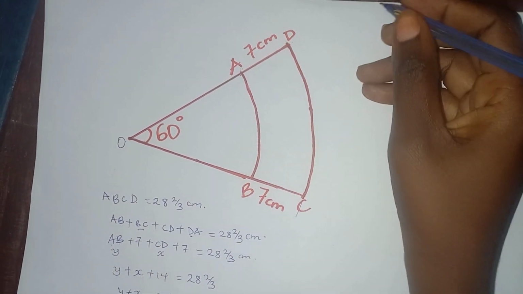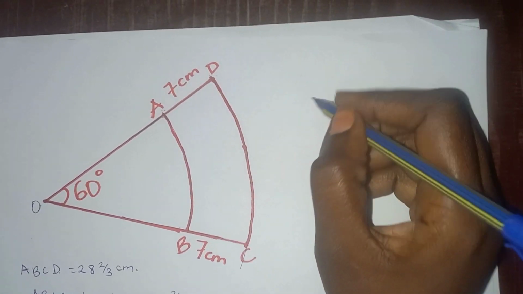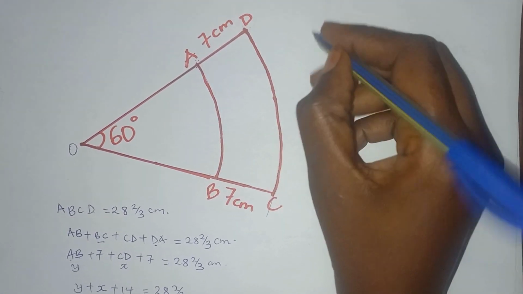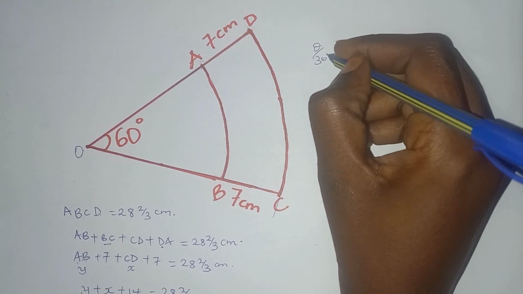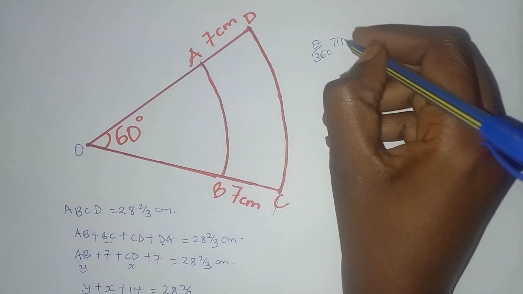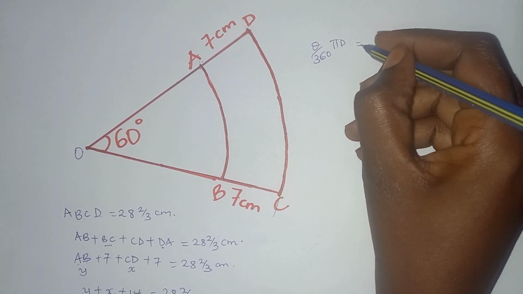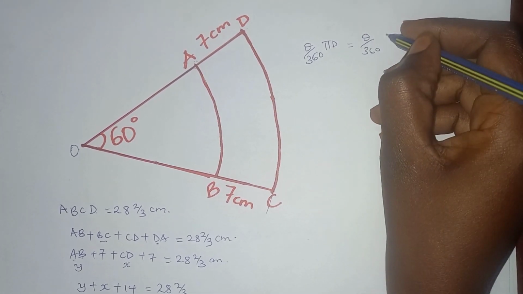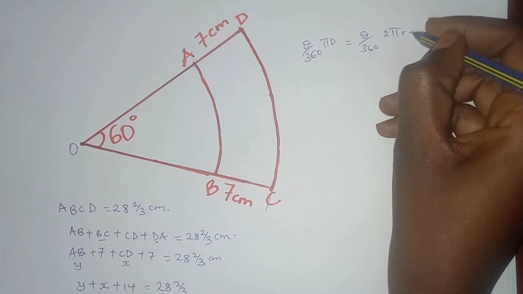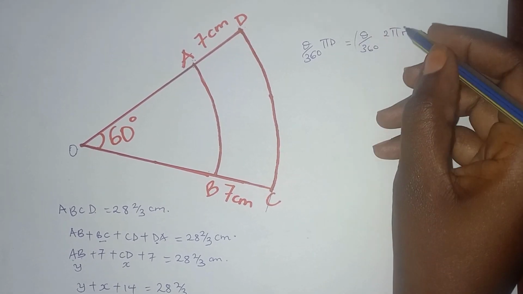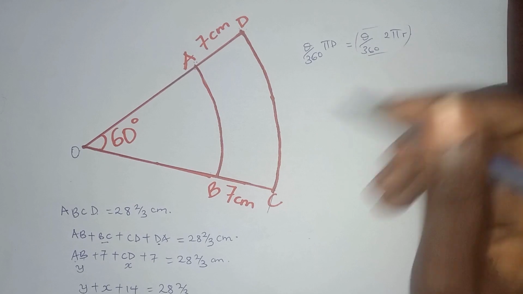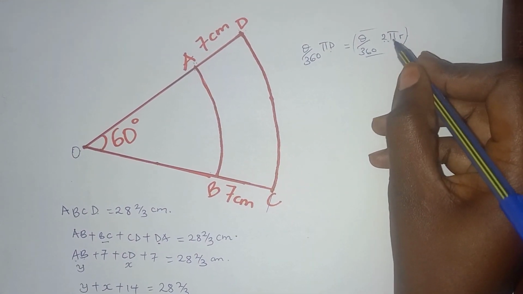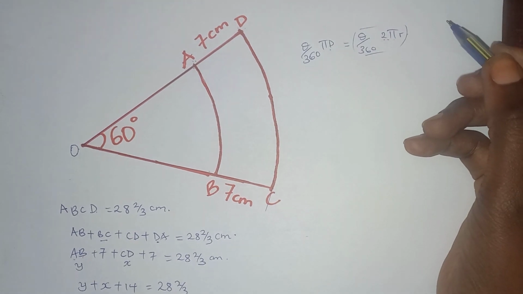We know the formula for calculating the length of the arc to be theta over 360 pi d, which is the same as theta over 360 2 pi r. So let's take this one here, because we are not going to use d, we are going to use this part that is having the radius.